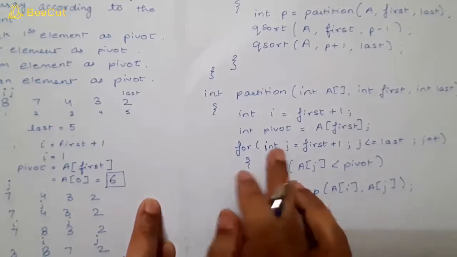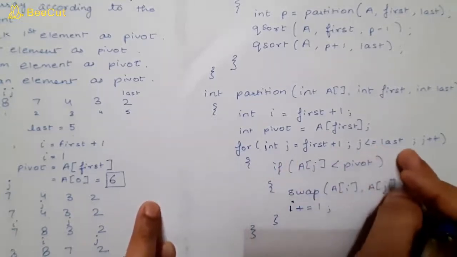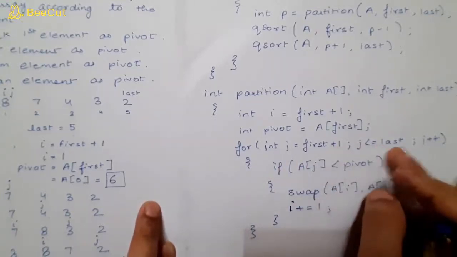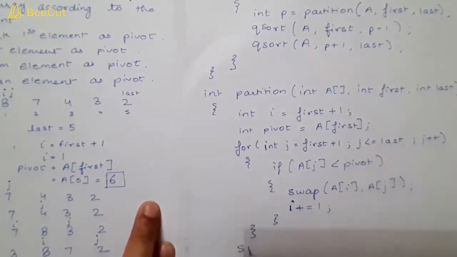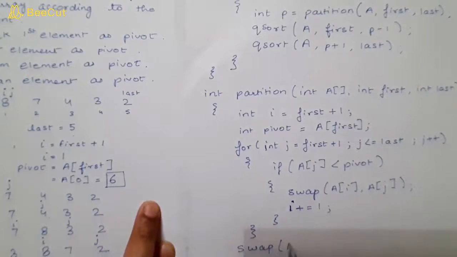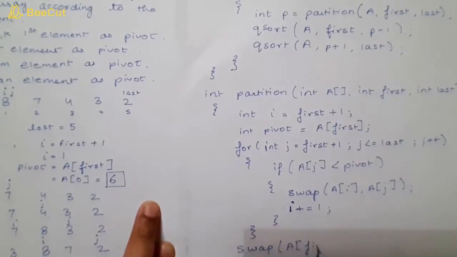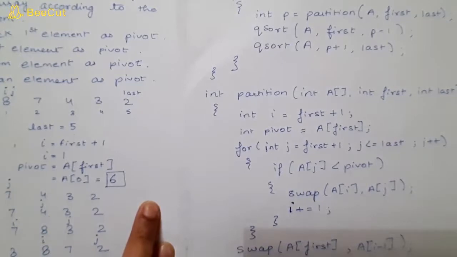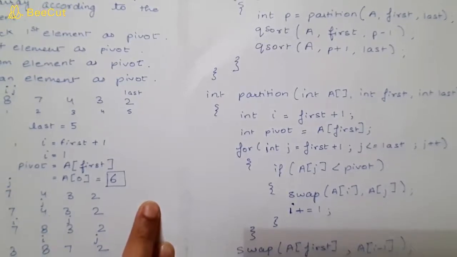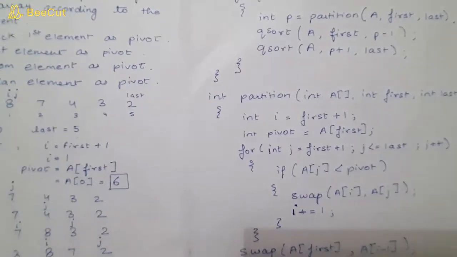And once this j loop is finished, this condition becomes false, and we are coming out of this loop. At that time, I'm swapping the value of the pivot element, that means a of first with a of i minus 1. Okay, and I'm returning the i minus 1 value. This is what we are doing.